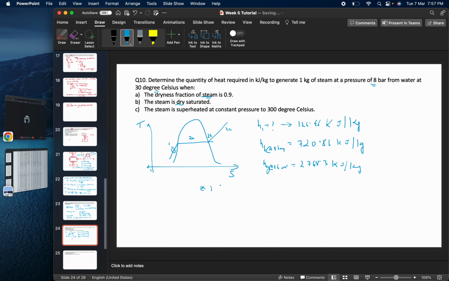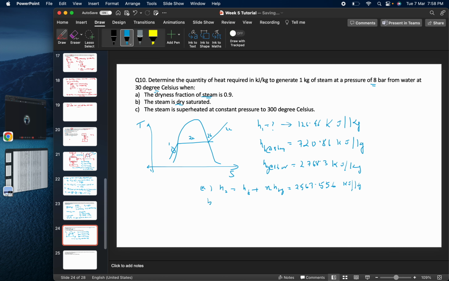For case A, H2 is HF plus x times HFG. Putting in the values, the dryness fraction is 0.9 times (2768.3 minus 720.86), plus 720.86, which gives 2563.556 kilojoule per kg.